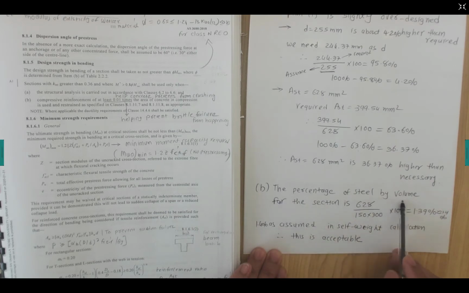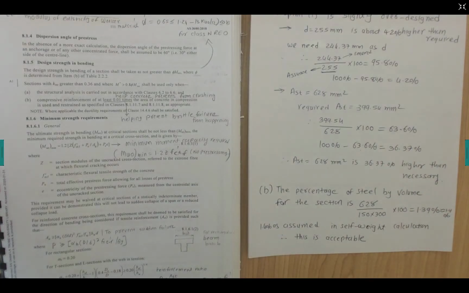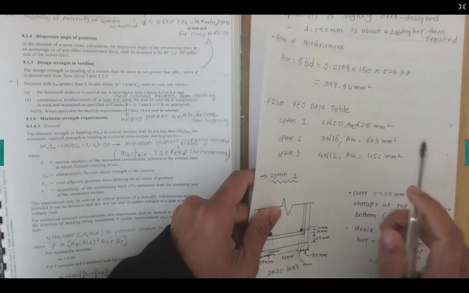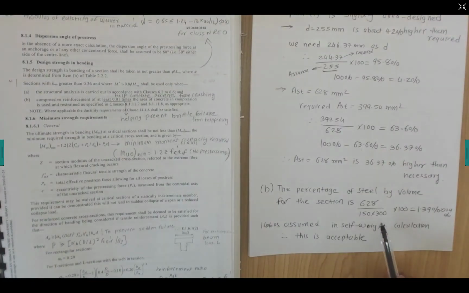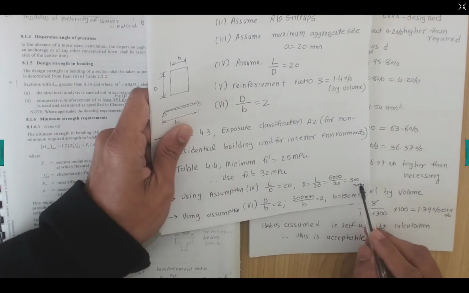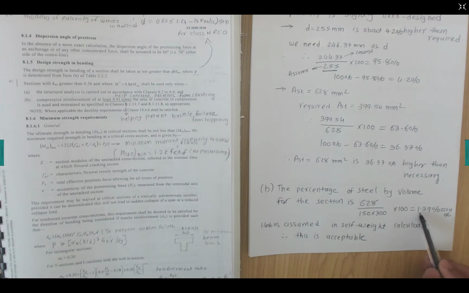Now the percentage of steel by volume for the section: we calculated 628 millimeters squared for this option 1, and the depth and width we accepted are depth 300 and width 150 millimeters. If I take it, that is 1.39%, which is almost 1.4%.